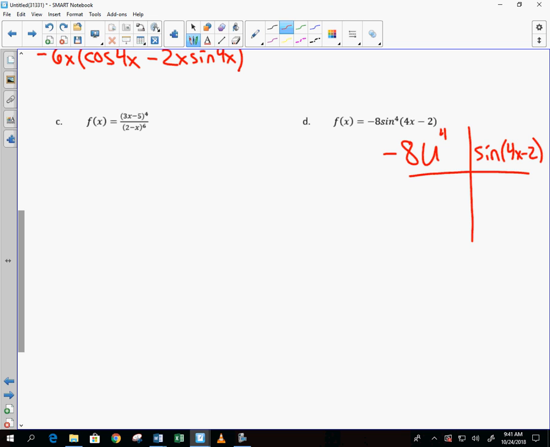If the question isn't answered for you in a second, let's go back to it, okay? So if you were to rewrite this, it would be -8 times sine of 4x minus 2, all to the 4th power. The -8 is just a constant that comes along for the ride.